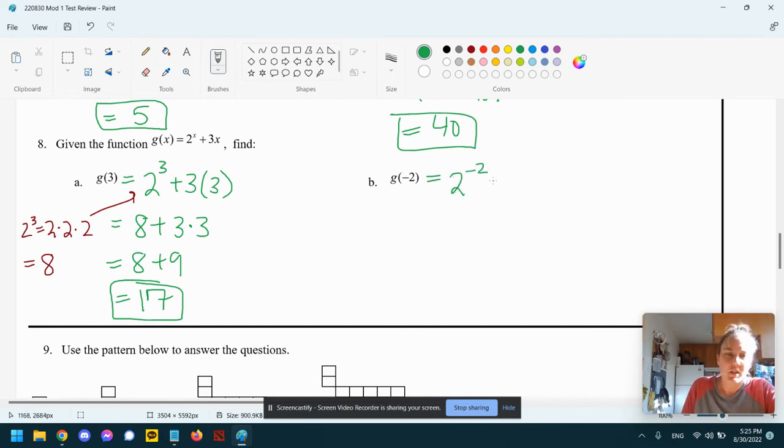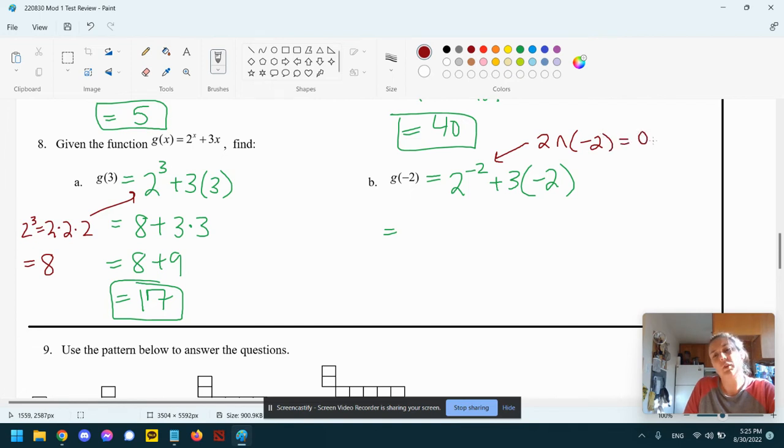One more time. Every time I see an x, now I want to plug in a negative 2. If you plug this into a calculator, 2 caret negative 2, you will get 0.25. The reason is that every time we see a negative exponent, we could have written it in the denominator of a fraction.